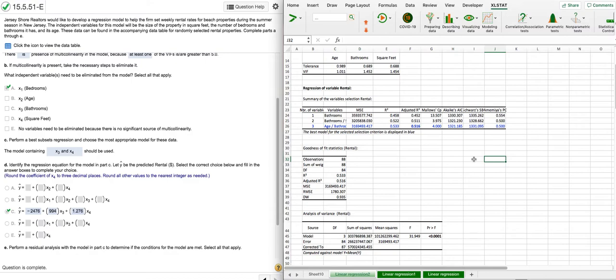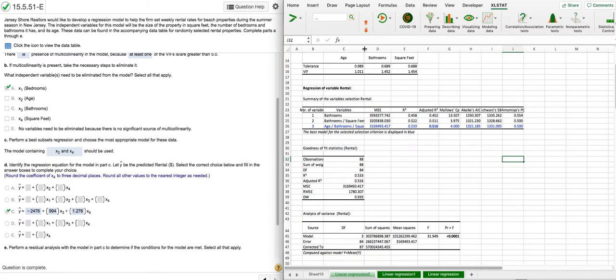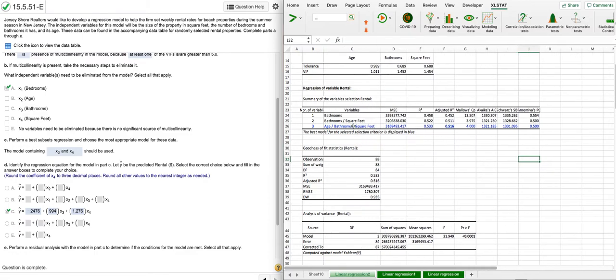What this is telling us is that it first ran the regression and looked at a few different options. One with just bathrooms. We have a regression with bathrooms and square feet, and then we have a regression with age, bathrooms, and square feet. So all 3 independent variables that were left over. If we look at the adjusted R squared, this is what we want to base our decision on.